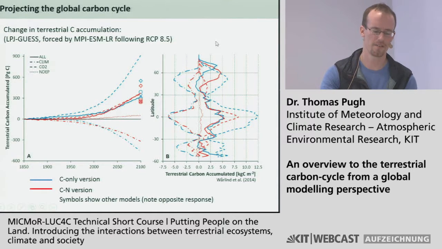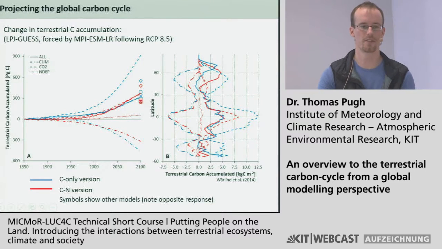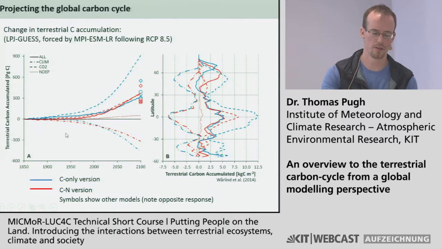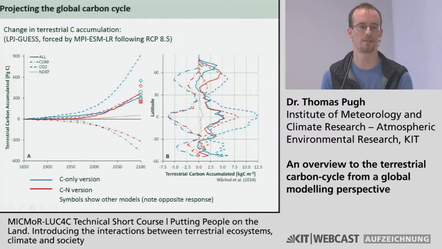And if you concentrate here first on the blue lines, the blue dashed line shows the uptake of carbon you get just due to CO2 fertilization alone. So CO2 fertilization has potentially a huge uptake of carbon effect in these models. If you look at the dashed-dot line, this is the effect of climate, and you see a strong decrease in carbon in the global ecosystem.